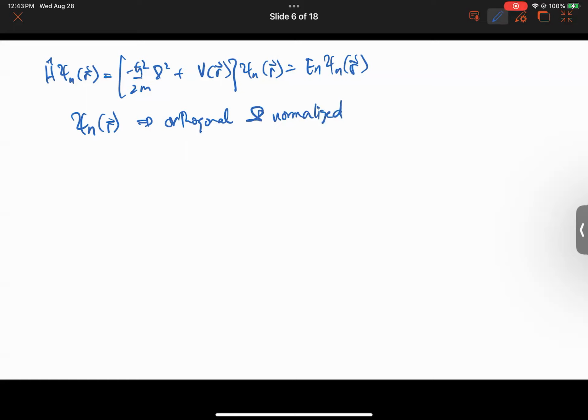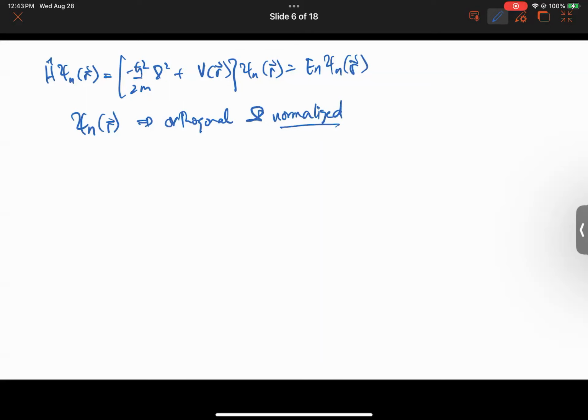Of course, the property of normalization comes from the normalization of the wave function that we described from last meeting.